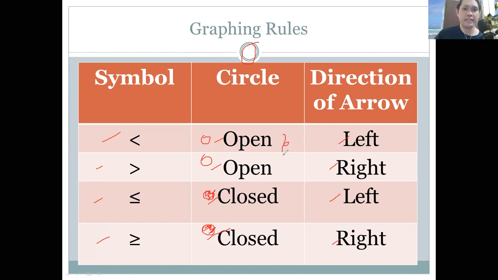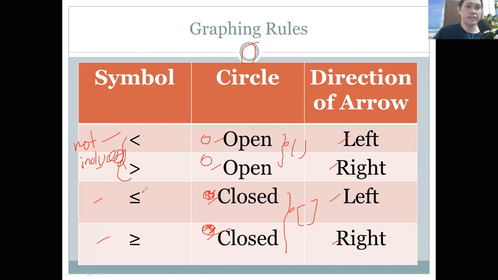Open can also be shown using parentheses, and for closed, we can use brackets. I hope you'll be able to follow this. When we have less than or greater than, that means not included. Later I will expound on this: what do you mean by not included?